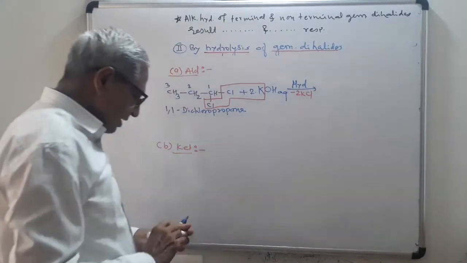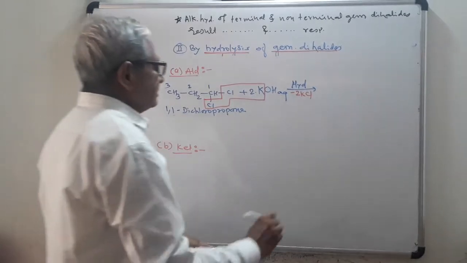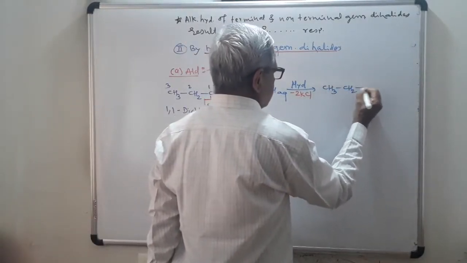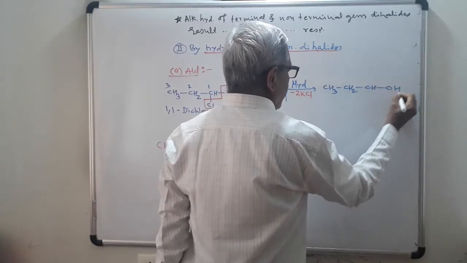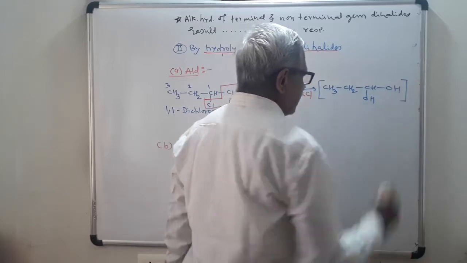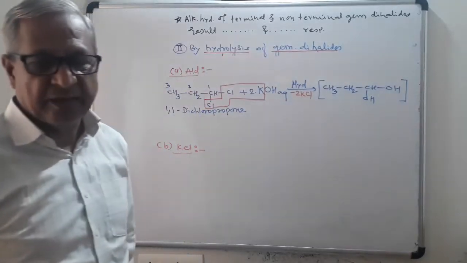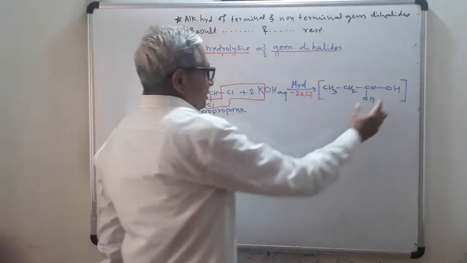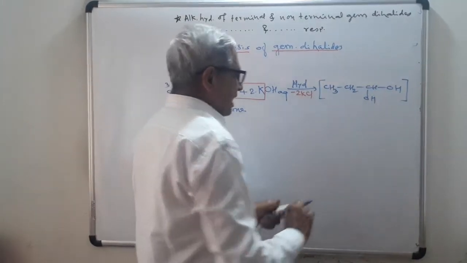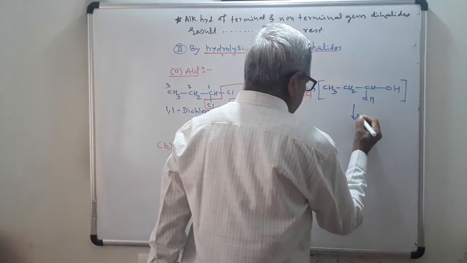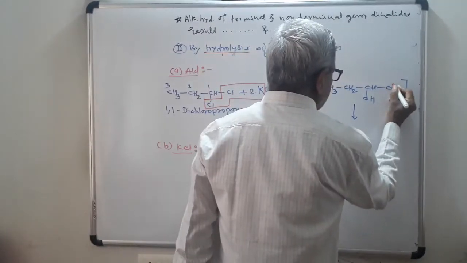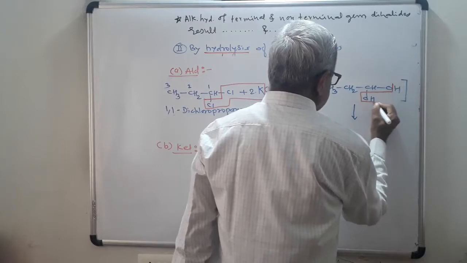So what will be the remaining part? The remaining part is like this: CH3 CH2 CH(OH)OH. This bracket indicates this compound is highly unstable because two OH groups are attached to the same carbon atom. It will become stable when the water molecule is removed.